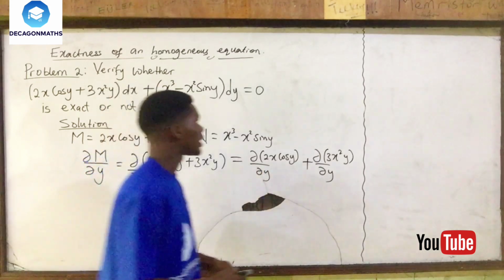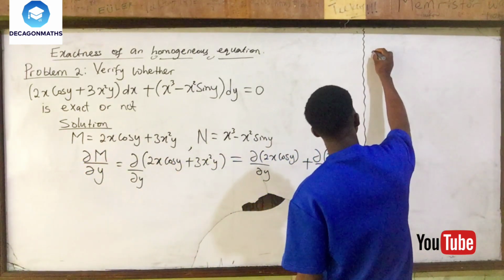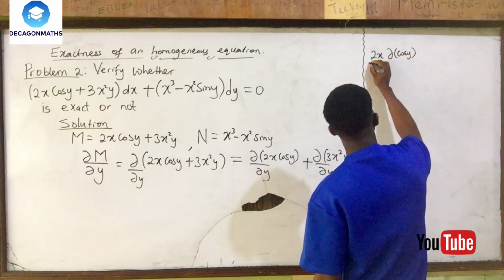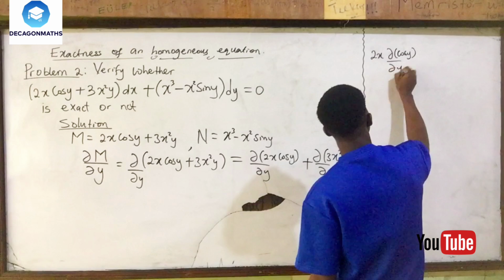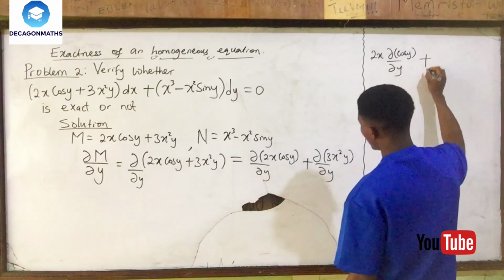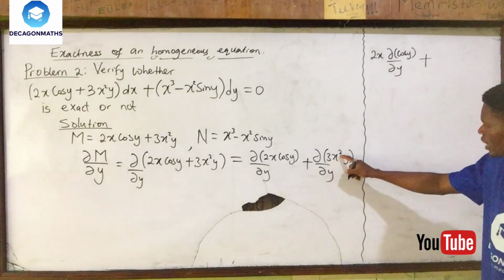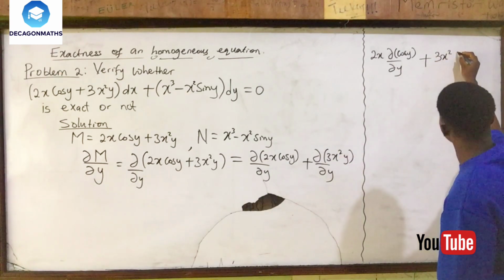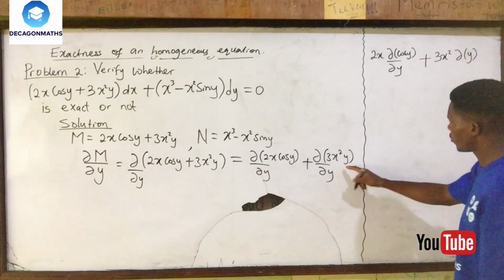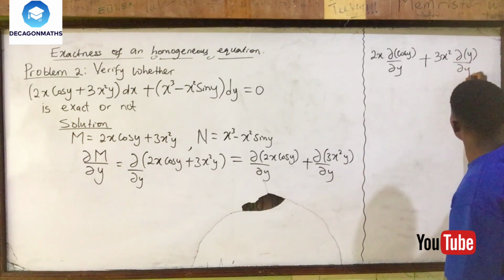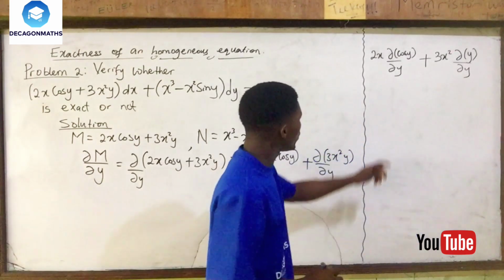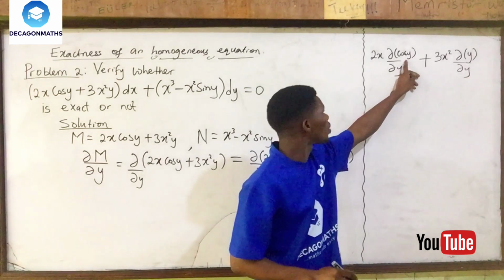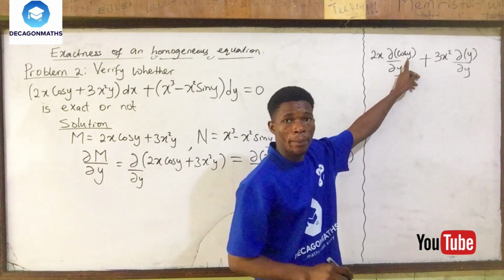So we can write it like this: 2x, then partial derivative of cos y with respect to y, plus 3x squared, which is also taken as constant, then the partial derivative of y with respect to y. Now, when we differentiate cos y, we get minus sin y.